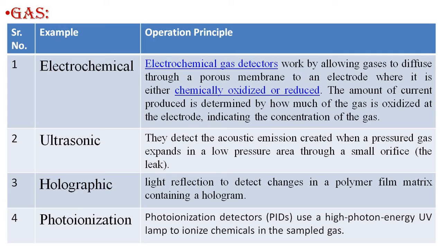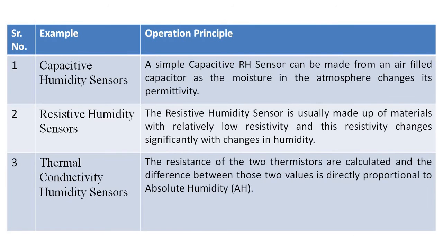So that is the holographic gas sensor. Then the next one is the photoionization gas sensor, also known as PID. It uses photon energy from a UV lamp to ionize chemicals in the sampled gas.